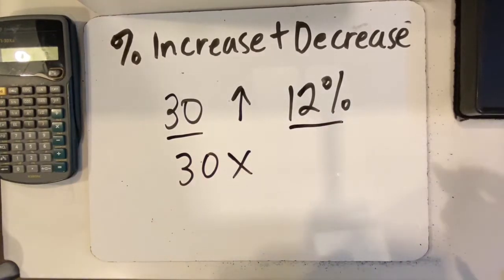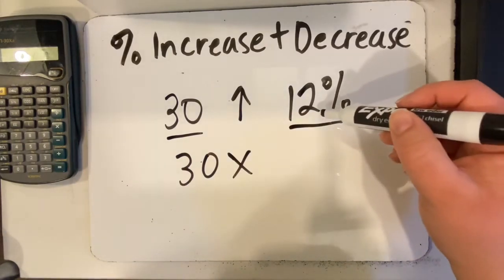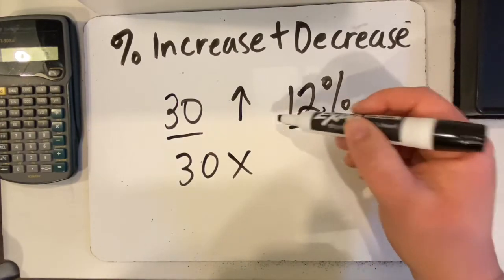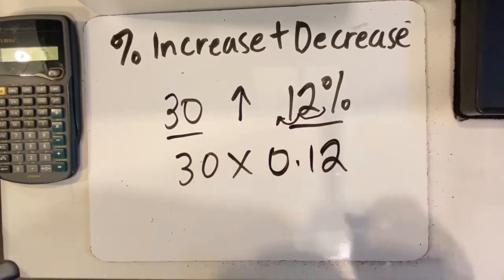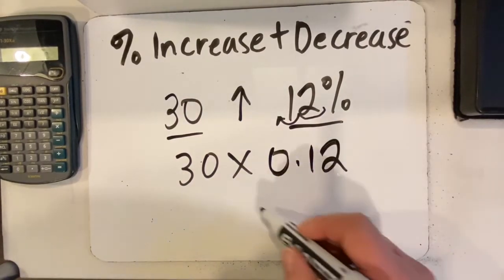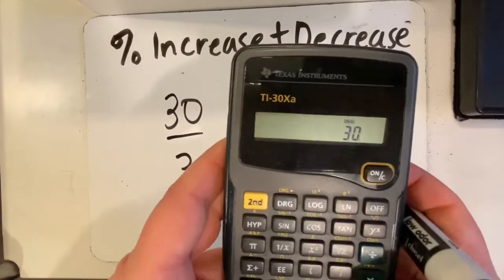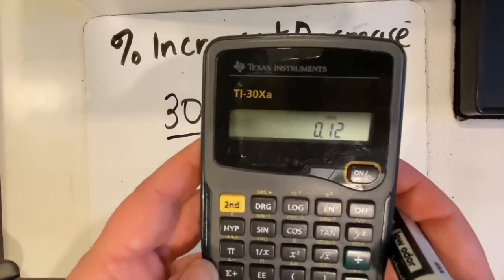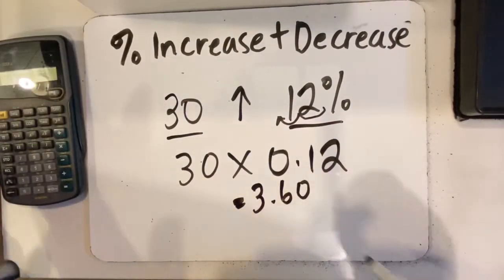Now, if we recall, we always have to change the percent to its decimal, and that can be done by dividing by 100, because percent is out of 100, or by moving the decimal place over by 2 places. So we multiply it by this number. 30 times 0.12 would be 3.6, or $3.60.